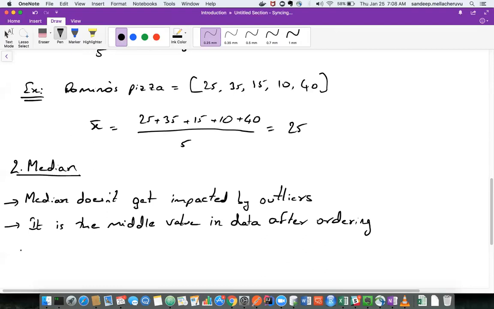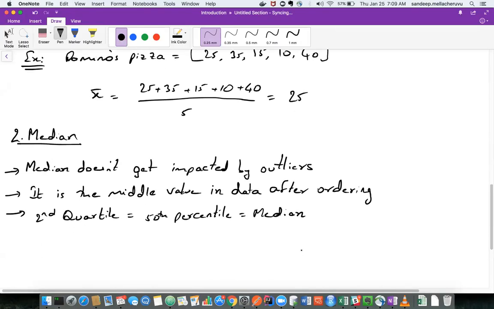Only then you can get the middle value. And it is also nothing but the second quartile. The second quartile is equal to the 50th percentile, which is also the same as the median. We already saw this. All are the same. Is that clear till now?